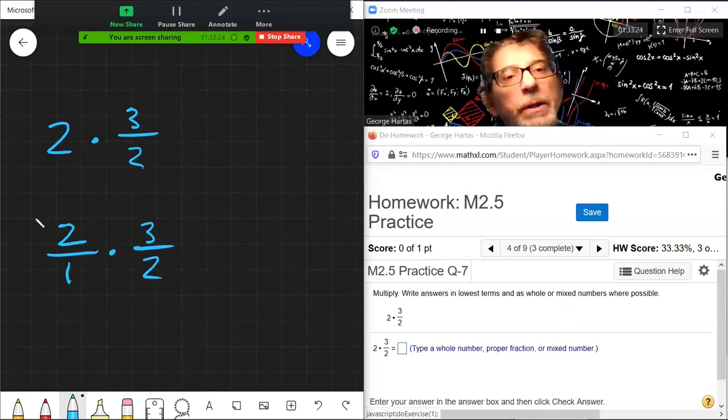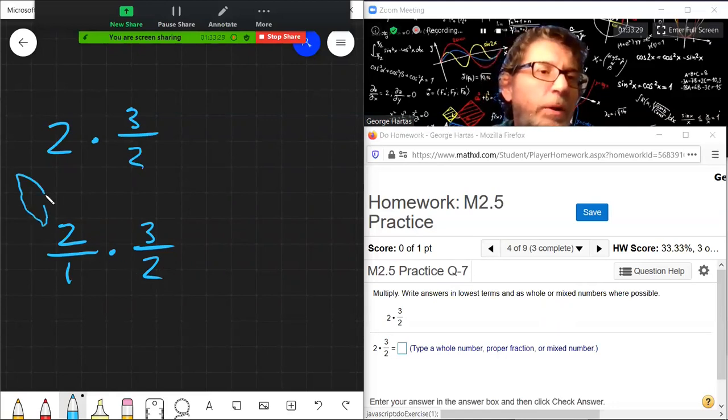But look there, right? Look at that. What number are you thinking about in your thought bubble that divides into 2 and 2? You said 2, correct.